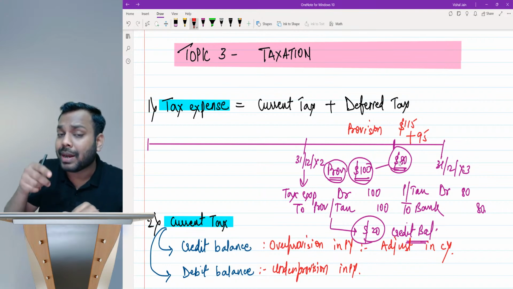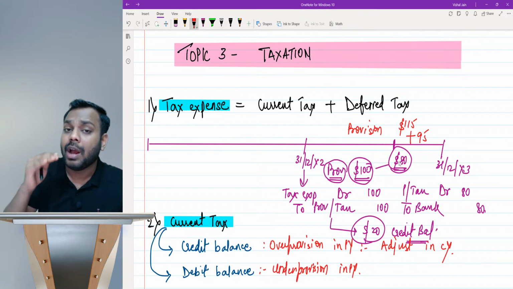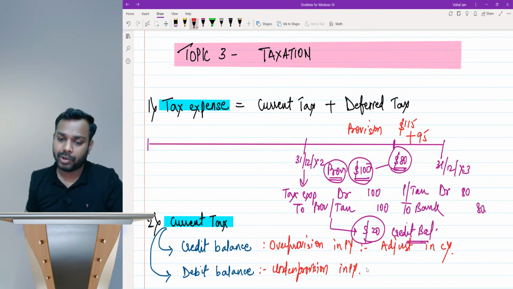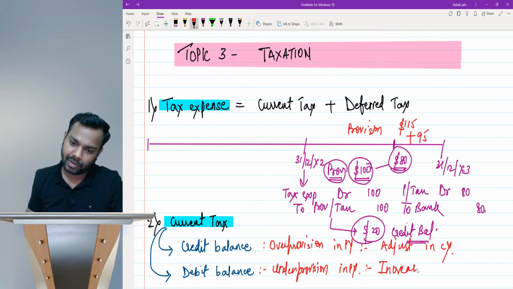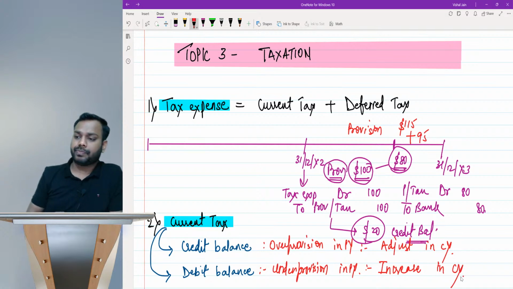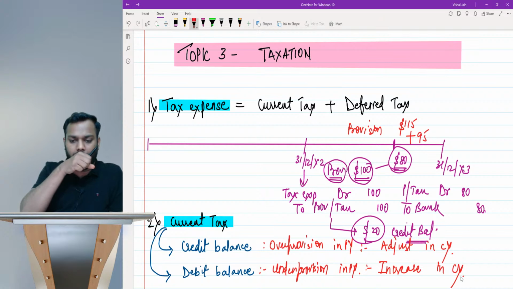So I will have to make a provision of $5 more in the current year, so I'll increase in the current year. Tell me yes or no, guys. Is that clear to everyone so far?